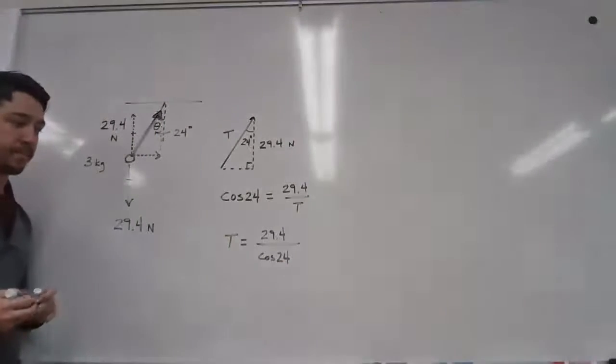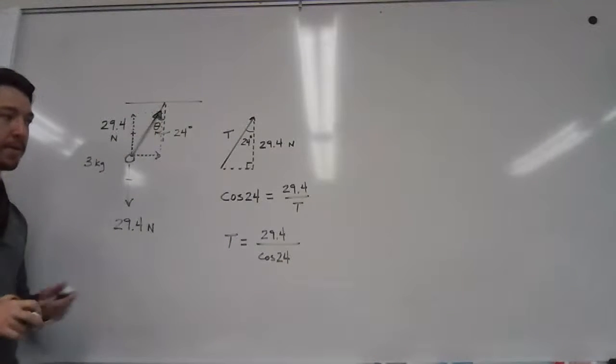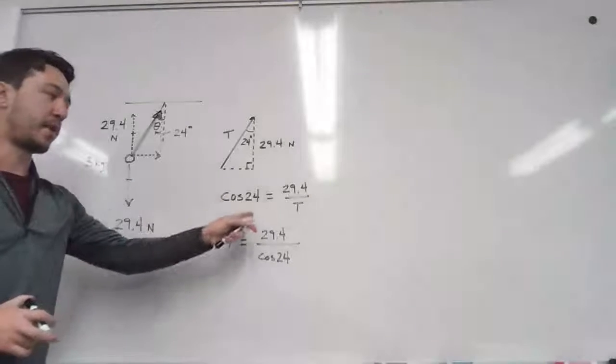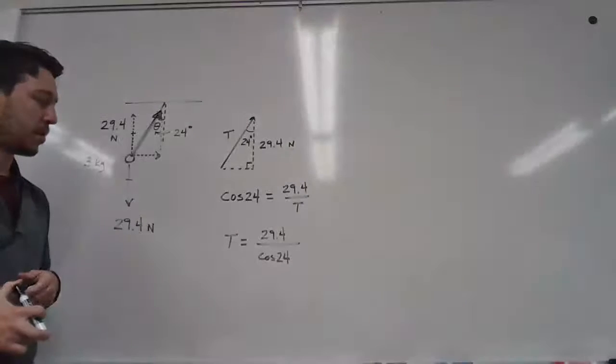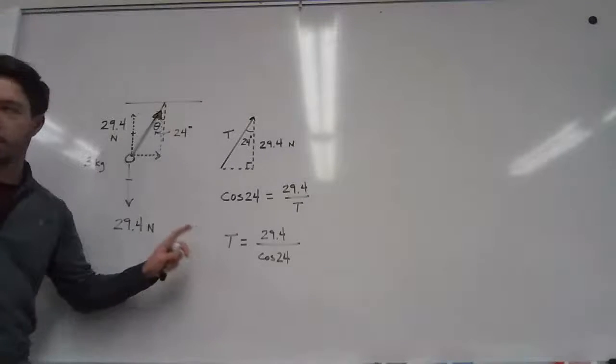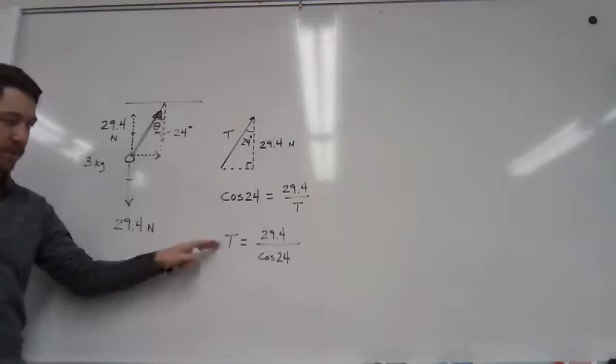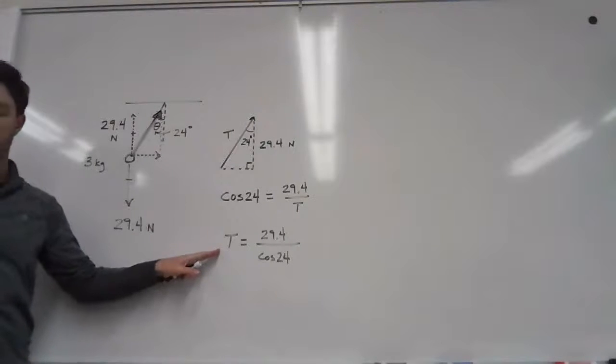I could have also written this as T cosine of 24 equals 29.4. In any case, as long as there are no questions, this is what you end up with. Okay, we're cool with that.